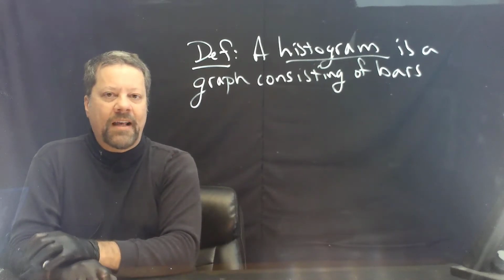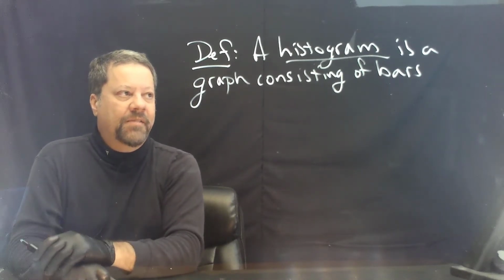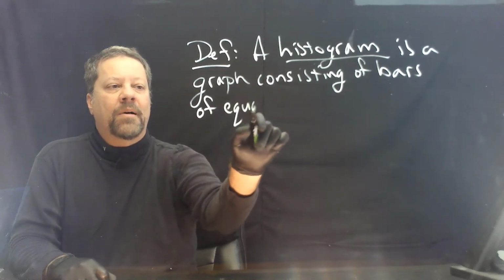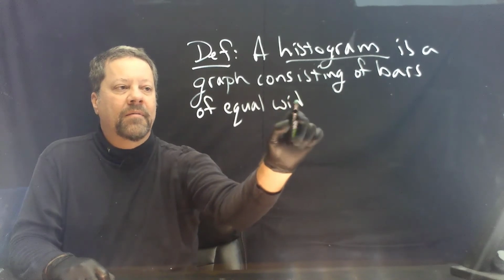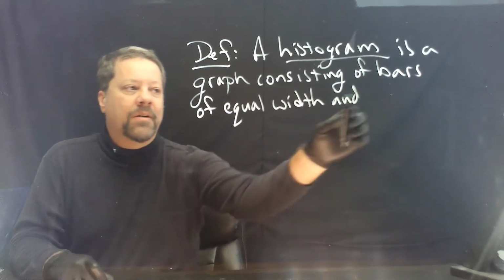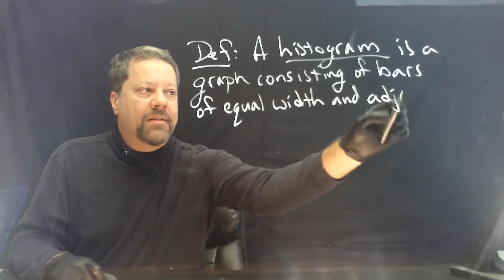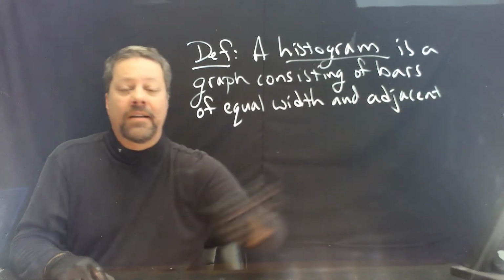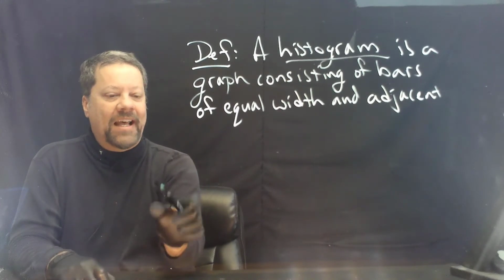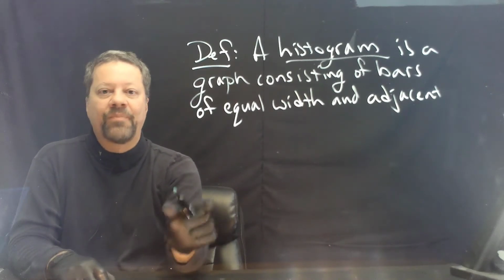But it's a bar chart having certain specific characteristics. All the bars are of equal width, and you can't have gaps between the bars. They have to be adjacent unless there is a gap in the data, in which case it's okay to have a bar of height 0.